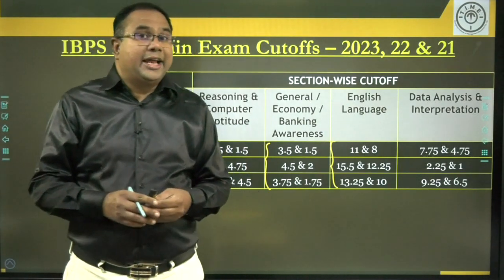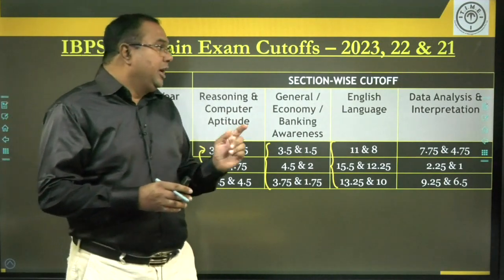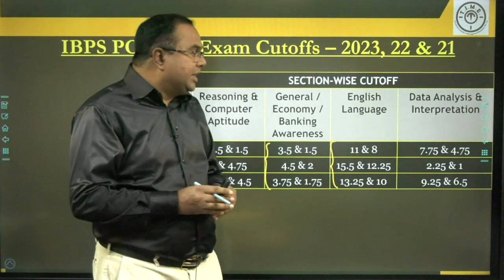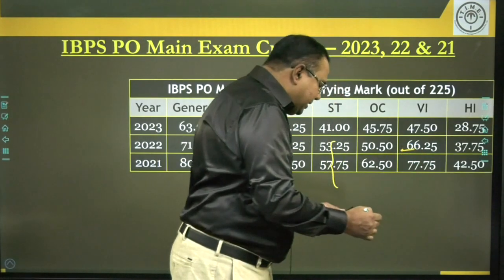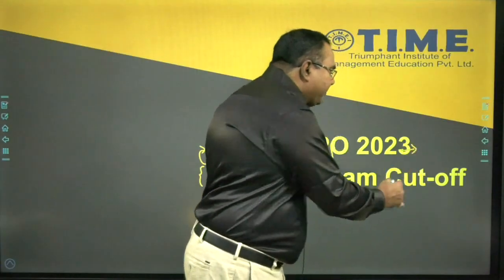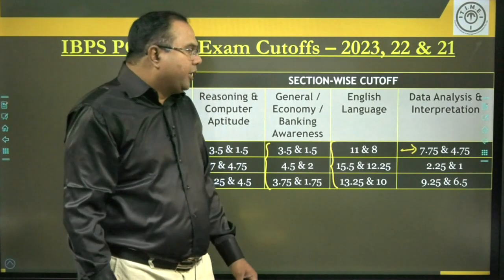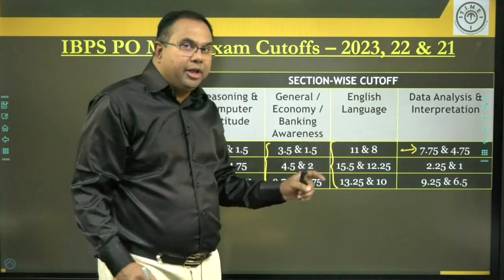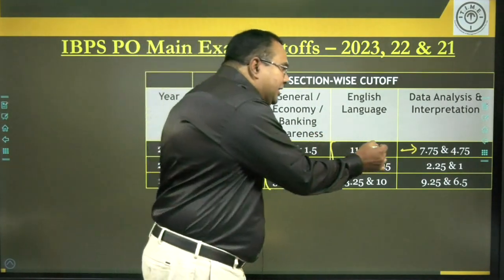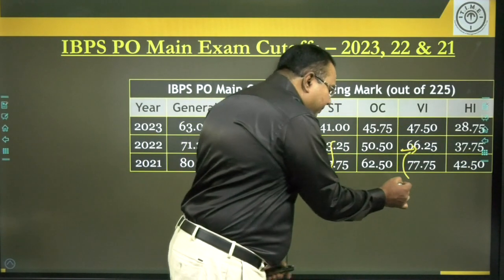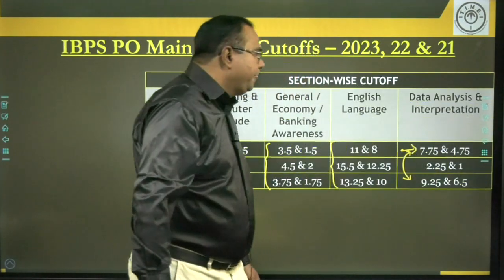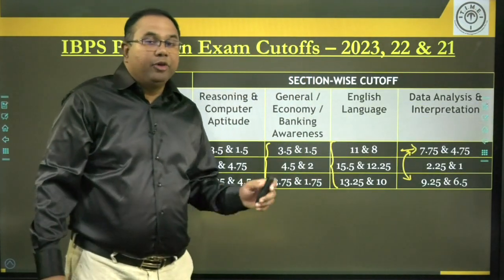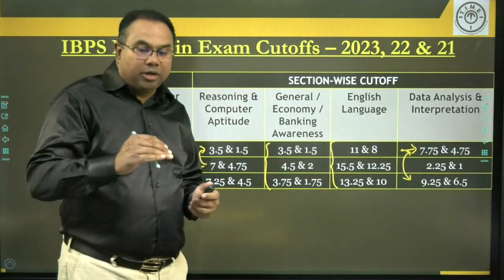Whereas if you look at the data analysis and interpretation section, the cutoff this year is 7.75 for general category and 4.75 for reserved categories, right? Compared to before last year and this year there is a drop, but if you look at last year, the drop was very high.